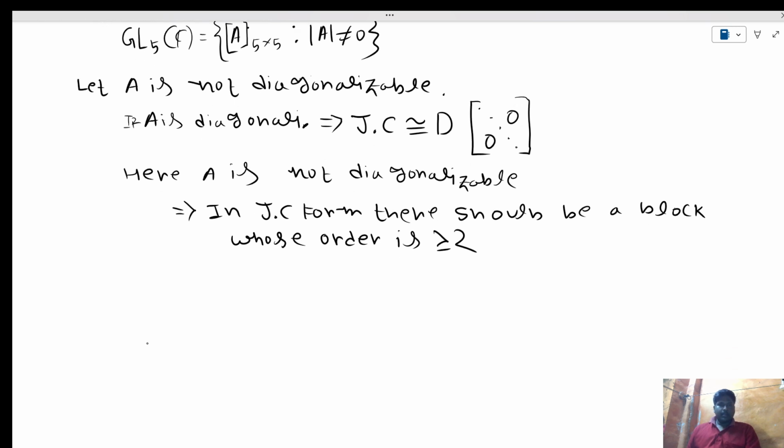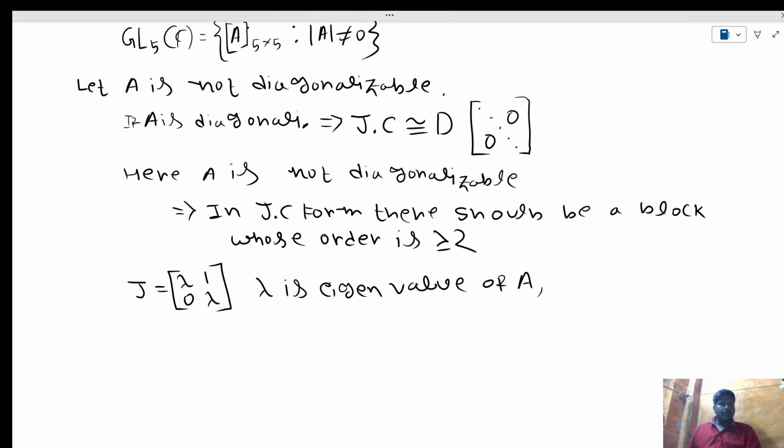That means there is a block like J equals [lambda 1; 0 lambda], where lambda is the eigenvalue of A. Okay, क्यों? Because we assume that A is not diagonalizable. So this is one of the Jordan blocks of the Jordan canonical form of the matrix A.